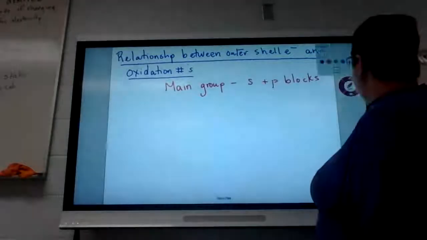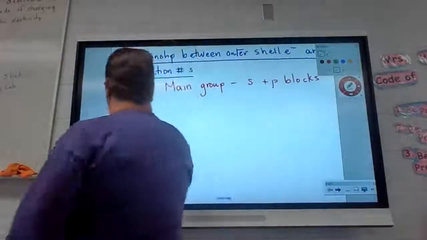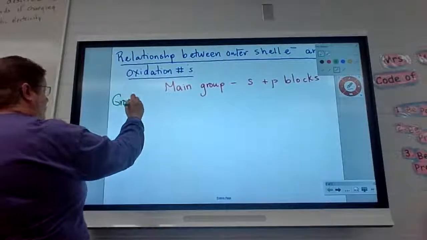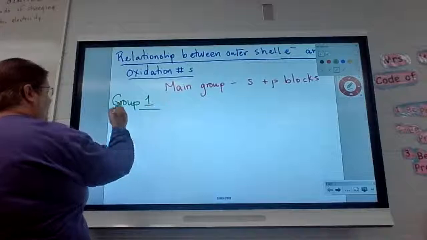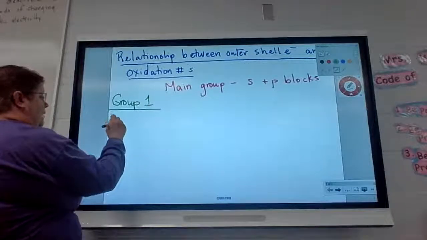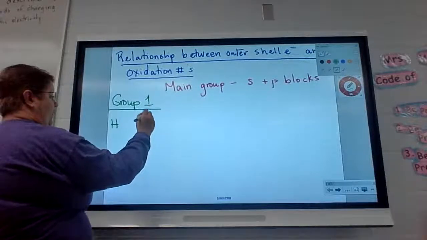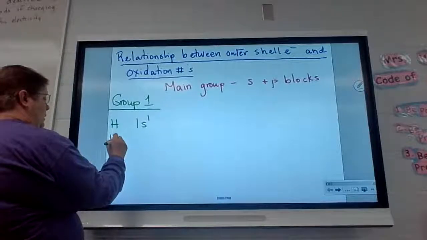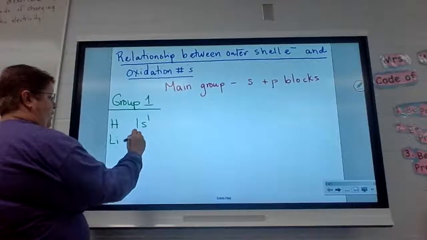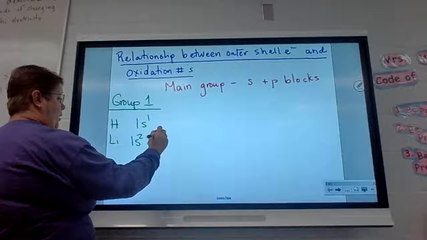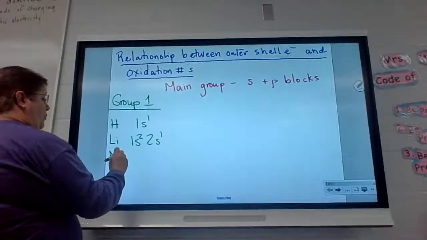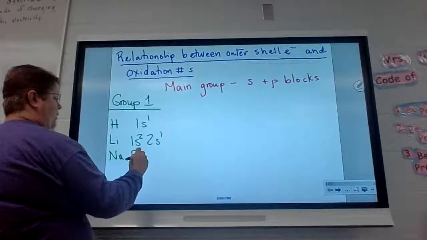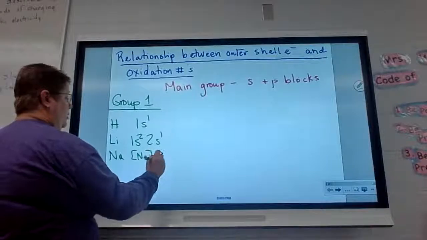So, to explain how this works, we're going to start with group 1. In group 1, hydrogen has an electron configuration of 1s1. Lithium has an electron configuration of 1s2, 2s1. Sodium, I'm going to start with shorthand because I don't want to write out a whole bunch.